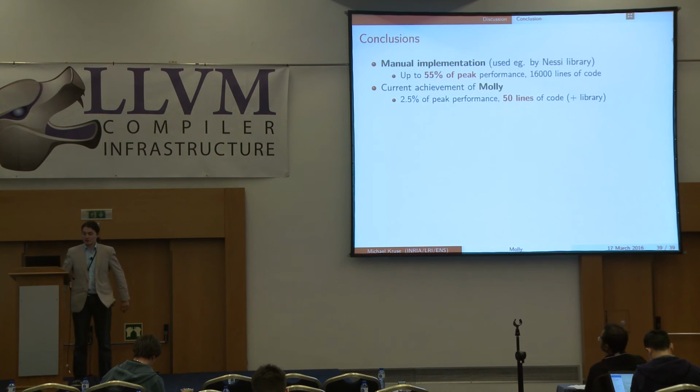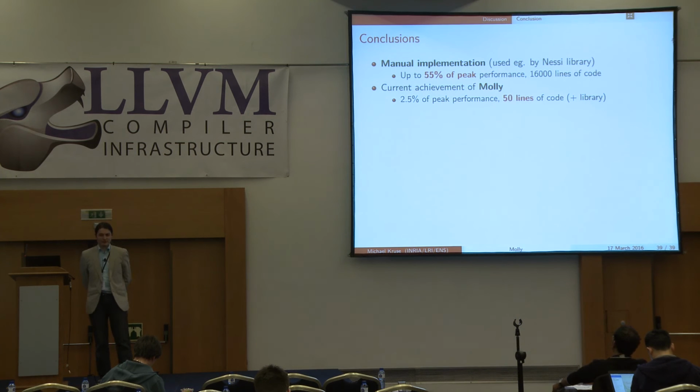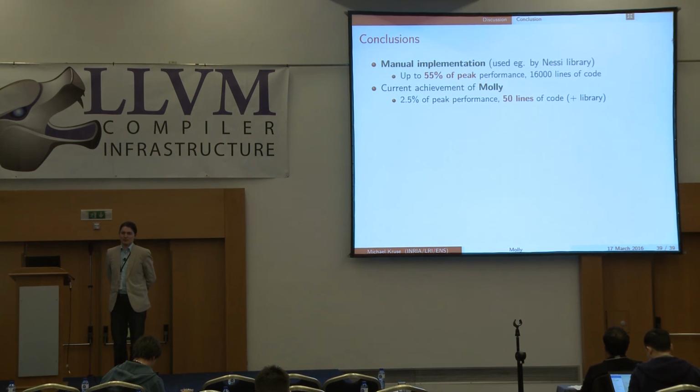For the discussion, I compared the manual implementation, where I got up to 55% of the peak performance, but with 16,000 lines of code. I put quite a lot of effort into my manual implementation. With Molly, I got only 25% of the peak, but I only needed about 50 lines of code.